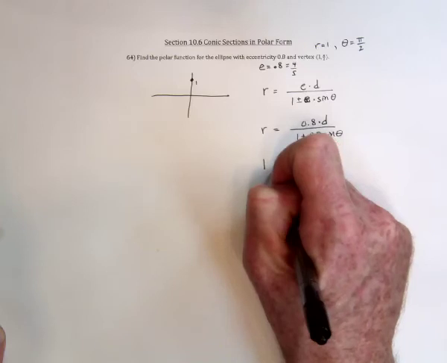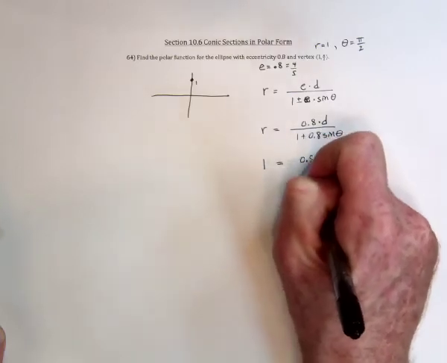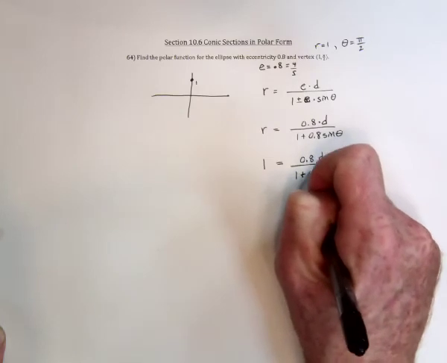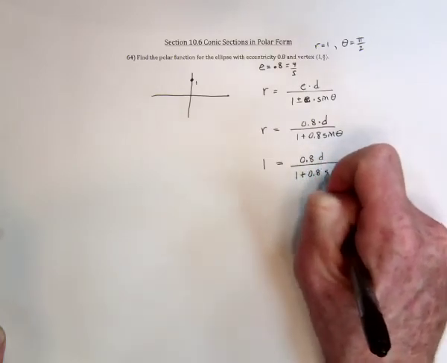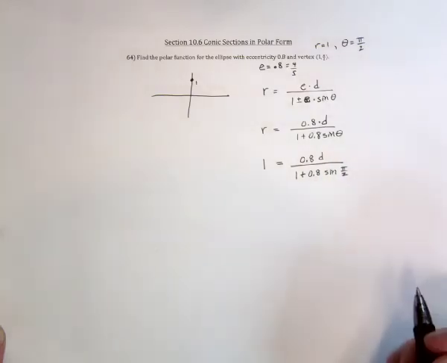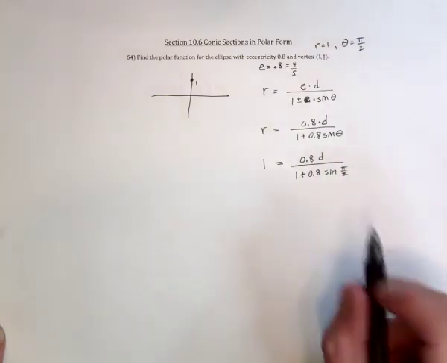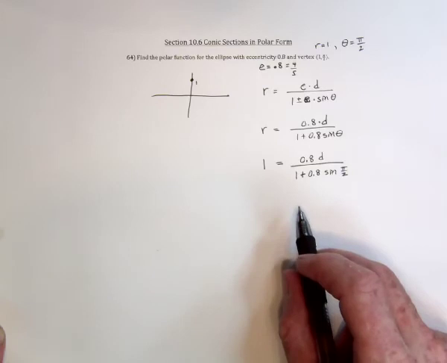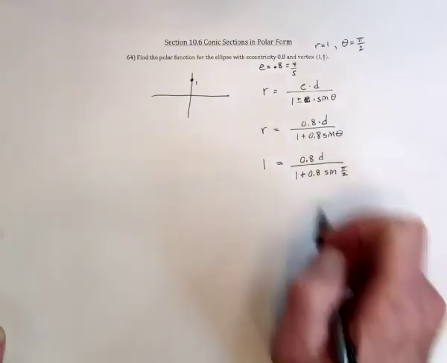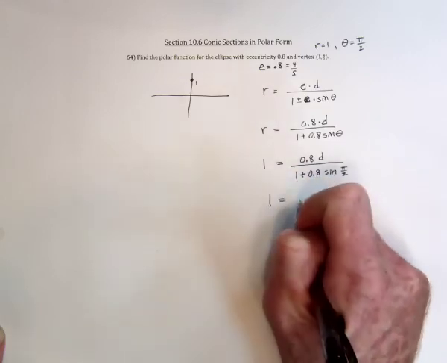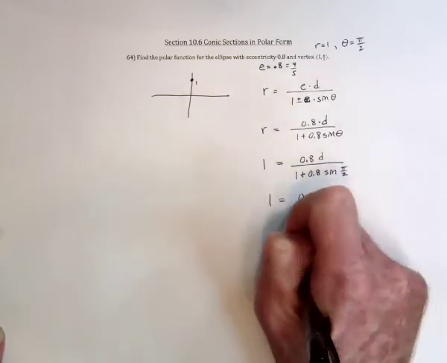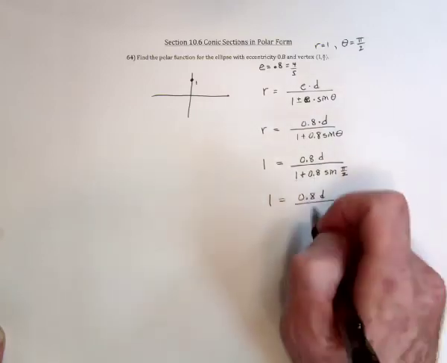r is 1, and theta is pi over 2. Sine of pi over 2: sine starts at the x-axis, goes up, so sine of pi over 2 is 1. That means that we have 1 equals, this would be 0.8 over 1 plus 0.8.